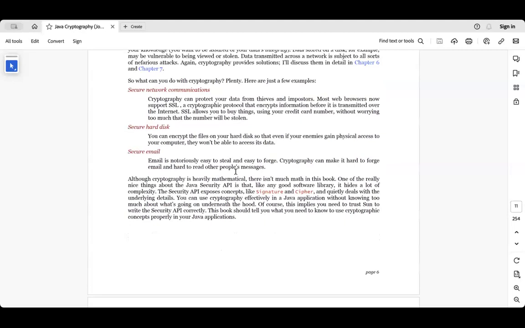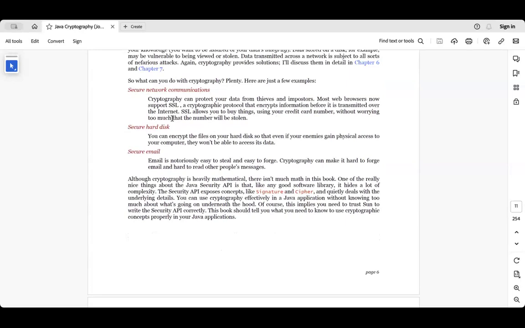Kwa mfano, in the presentation I mentioned some of the services of the use of cryptography. For example, I mentioned you can use cryptography to secure network communication. So if you read the detail of the book, it shows that cryptography can protect your data from thieves and imposters.